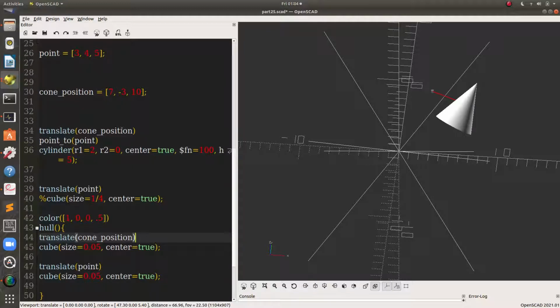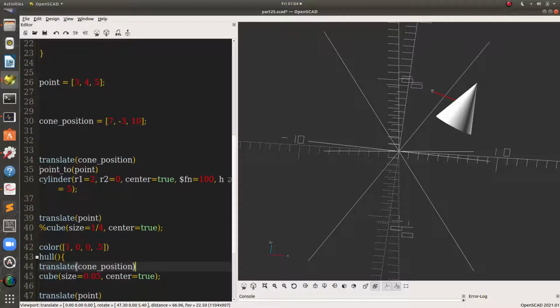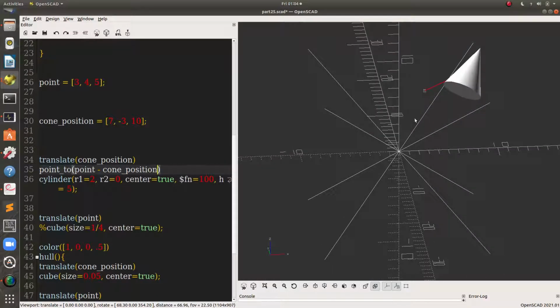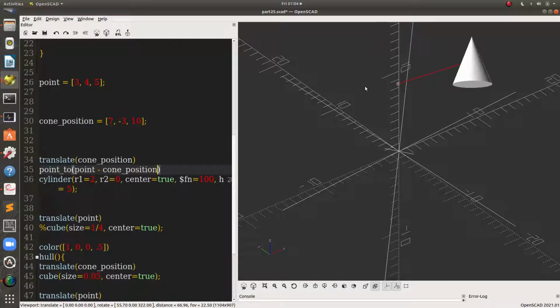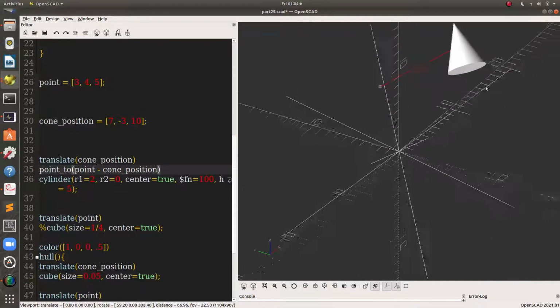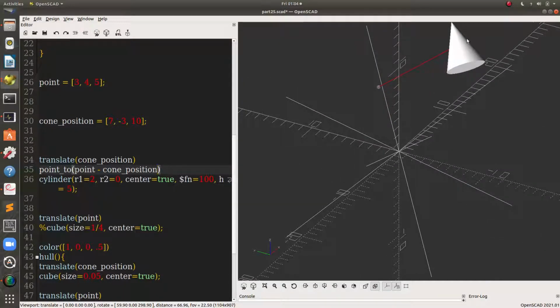We're pointing at the point. Essentially what we have to do is just subtract the cone position from the point. Essentially what that does is relatively put the cone here at the origin, and move the point relative to what the cone would have done if it had been moved to the origin.